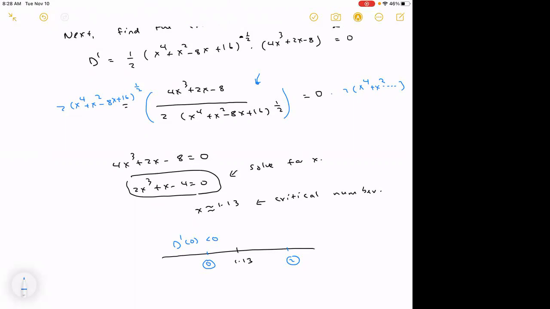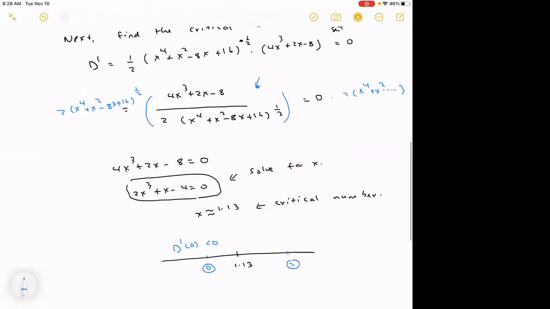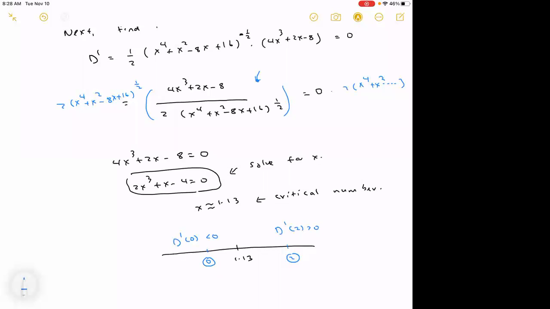Okay, and plug in 2 for x in the derivative, d prime again. The denominator of the derivative is positive anyway, since you are taking a square root. Plug in 2 for x in the top also, and you should get negative. So what does the first derivative test tell us?